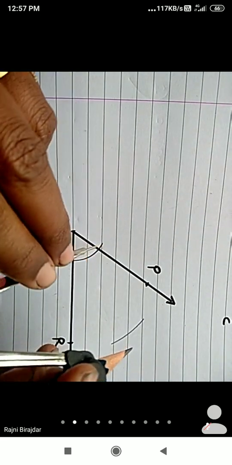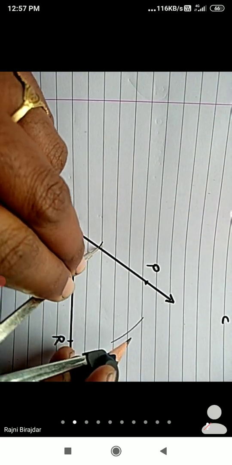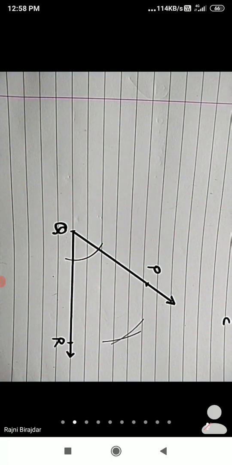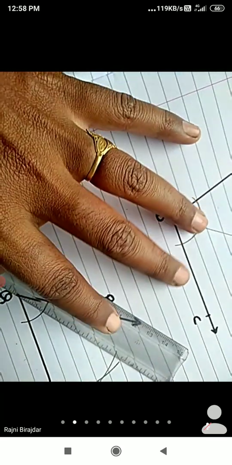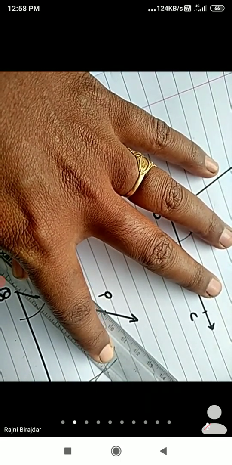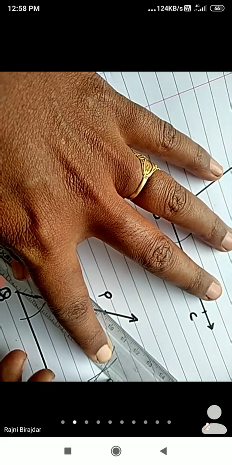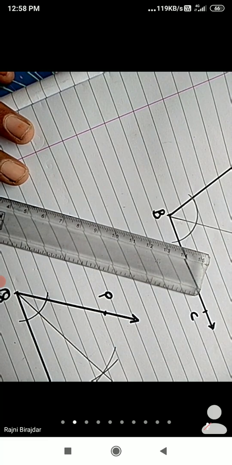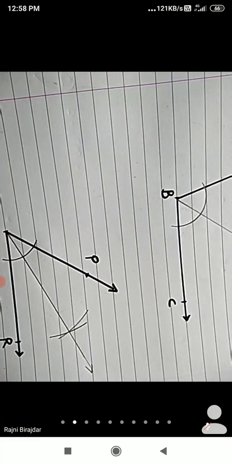So the same distance you have to take and make the second arc. Now join this line. Middle you have to join. So this is about the angle bisector.